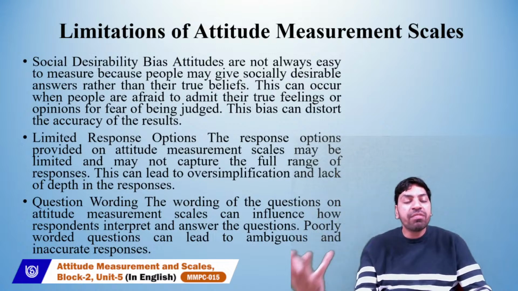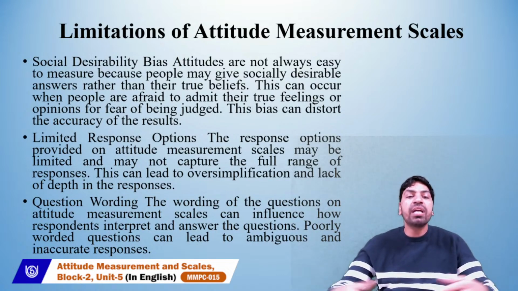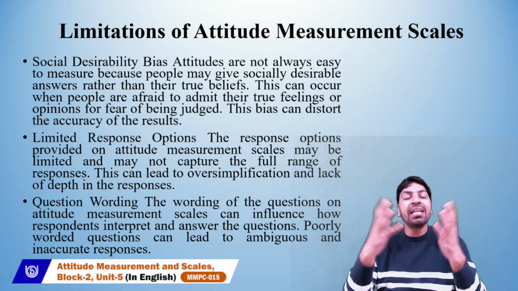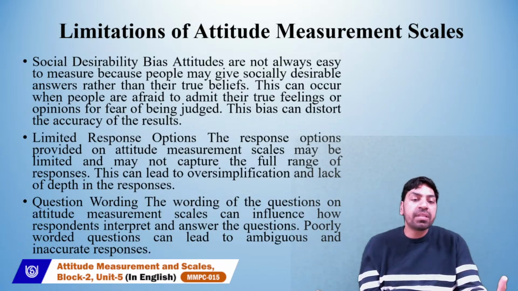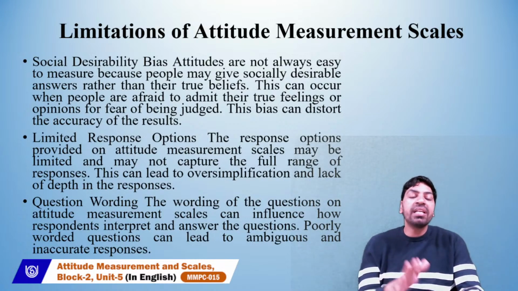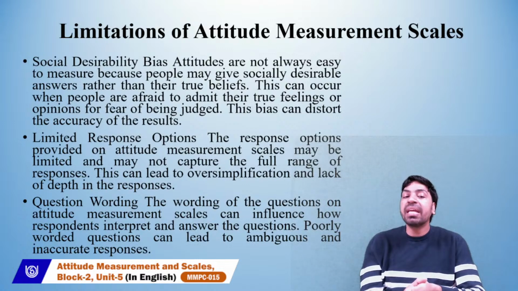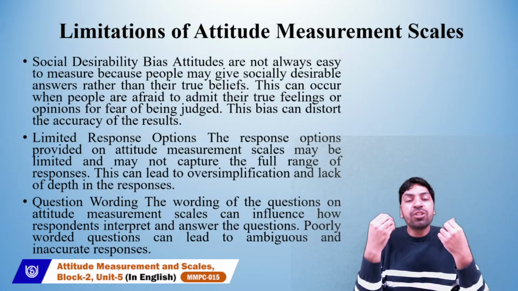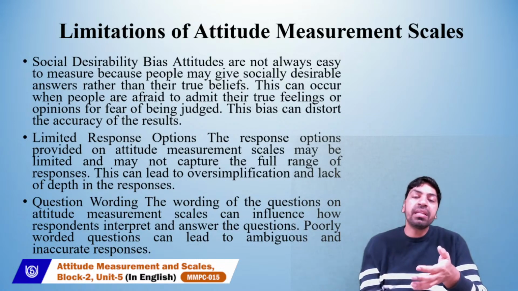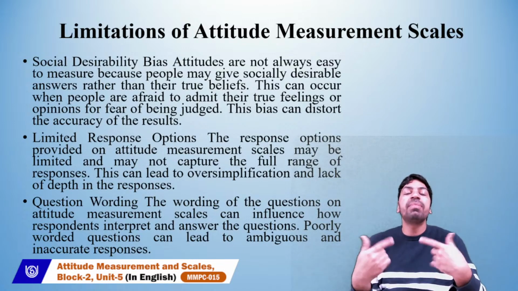Sometimes there are a few complex questions where the responses number 10 or 12. So it is very difficult to include every option. And if we don't include every option, then ultimately it shows a lack of depth in the responses and oversimplification.